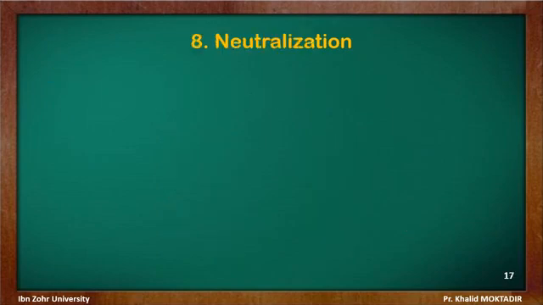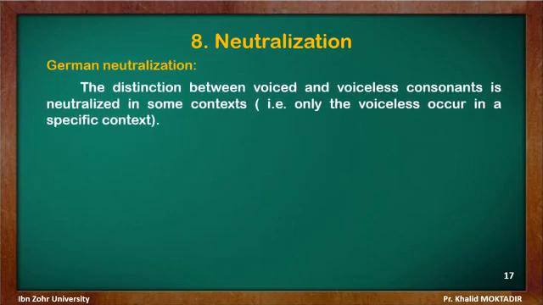We move on to our last process here, which is neutralization. We take one of the most famous languages for neutralization, which is German, and we look at examples of neutralization. Neutralization is when a difference between two contrasting sounds disappears in a specific context.